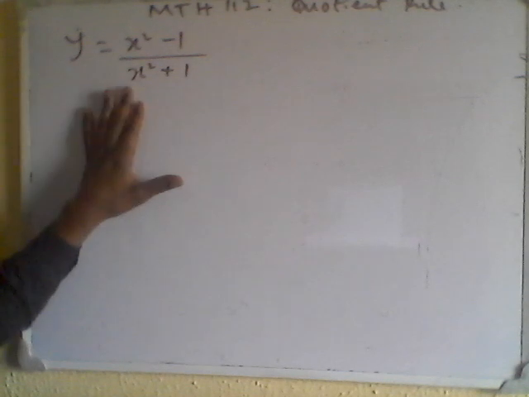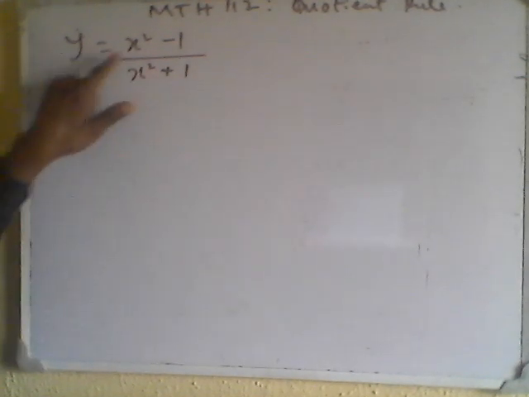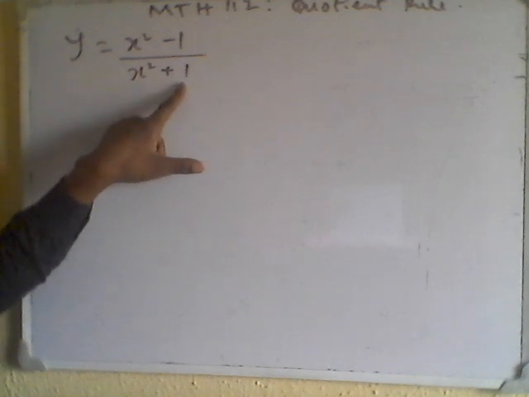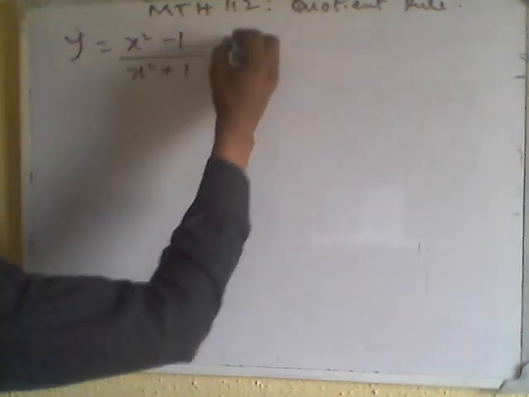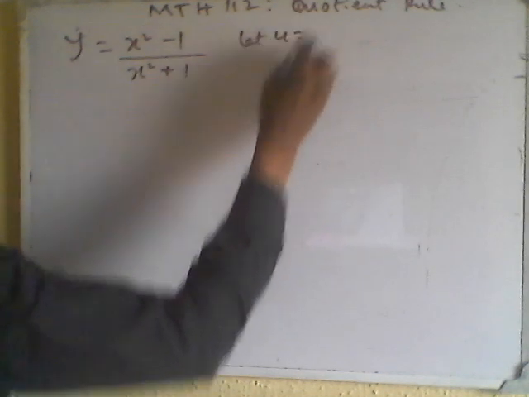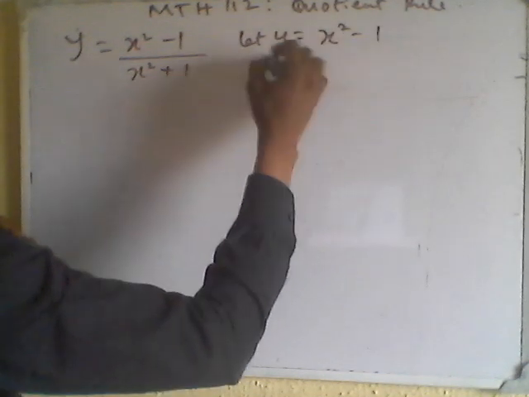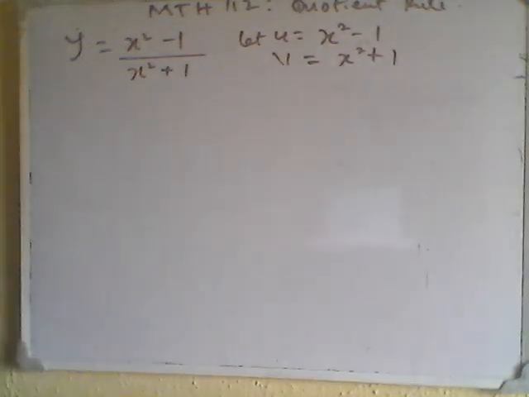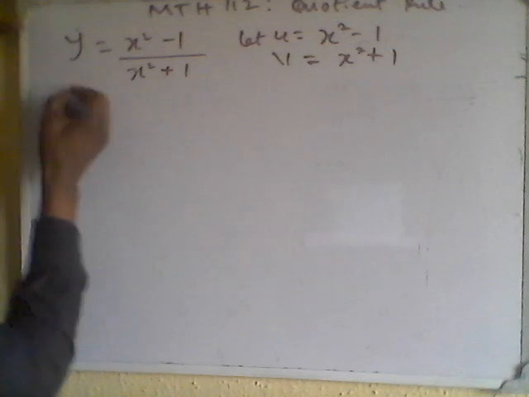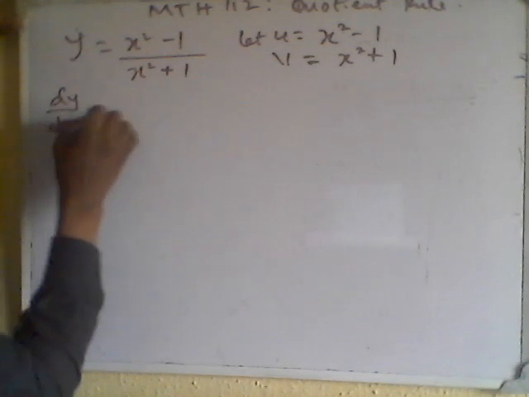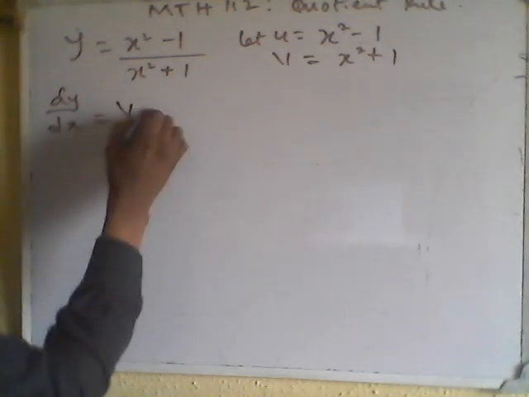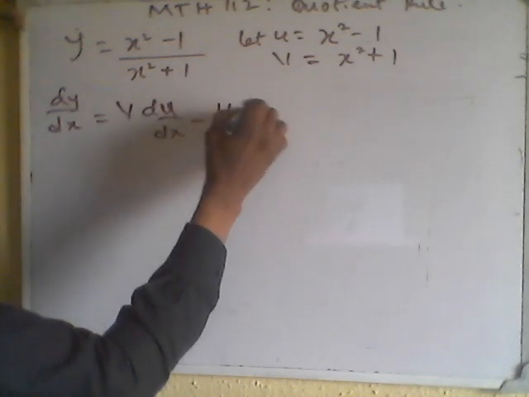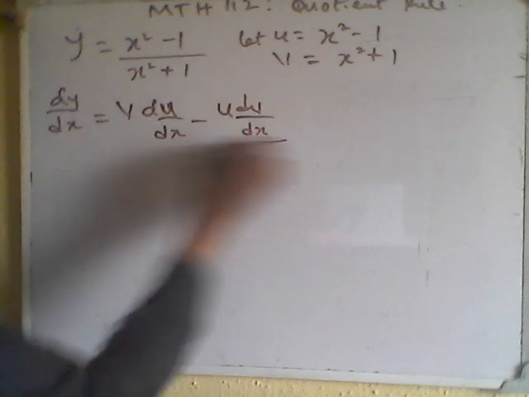Okay, so we have this on the board now. y is equals to x squared minus 1 over x squared plus 1, right? So this is a quotient rule where we have let u is equals to the top and v is equals to the bottom. Two expressions, one top, one bottom. So the formula actually dy dx is equals to bottom, this bottom, then the top minus top the bottom over bottom square, right?